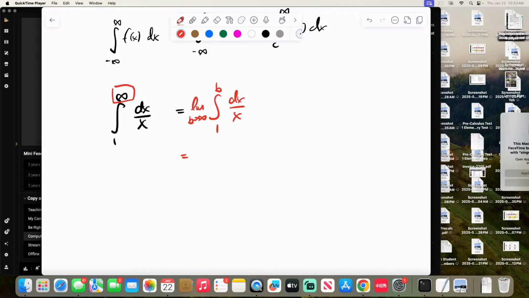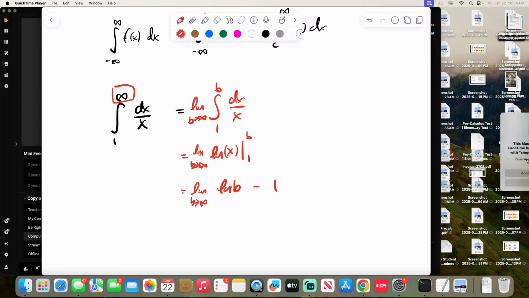Now that is going to give you ln of x from 1 to b, with the limit as b approaches infinity. So then you say the limit as b approaches infinity of ln of b minus ln of 1.